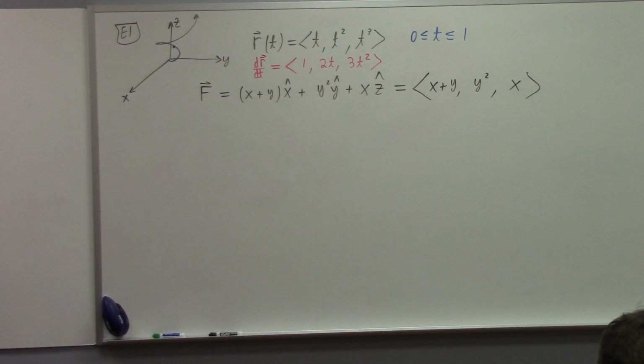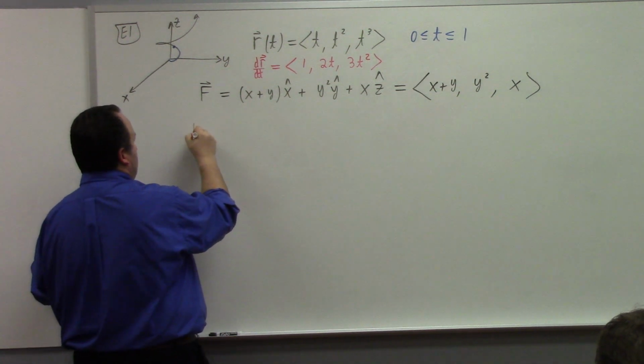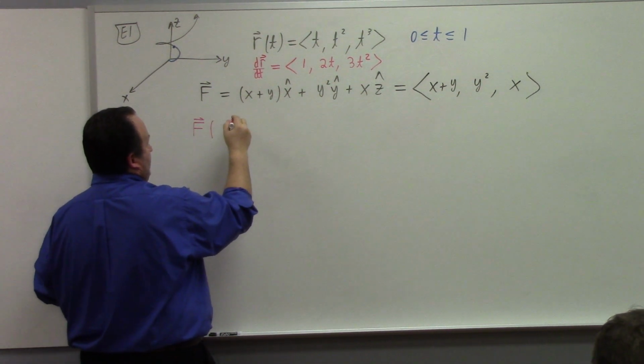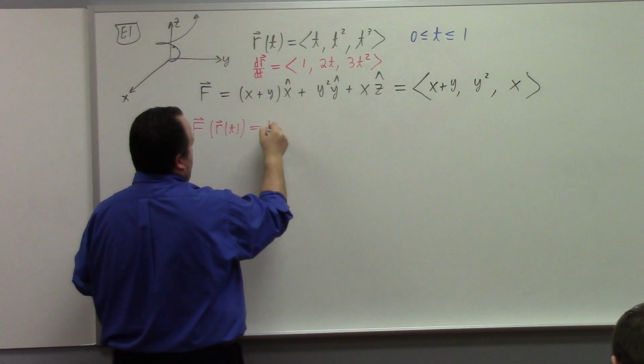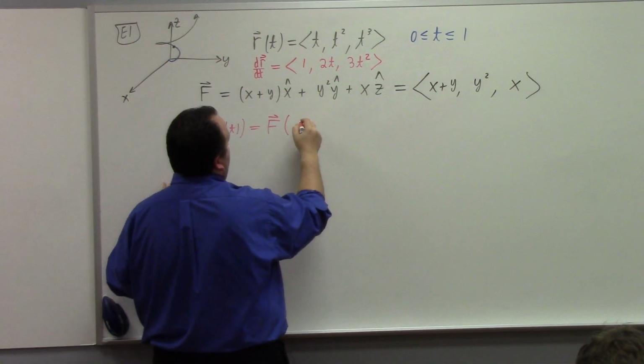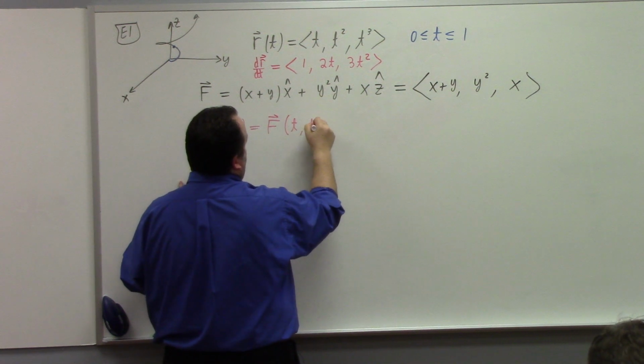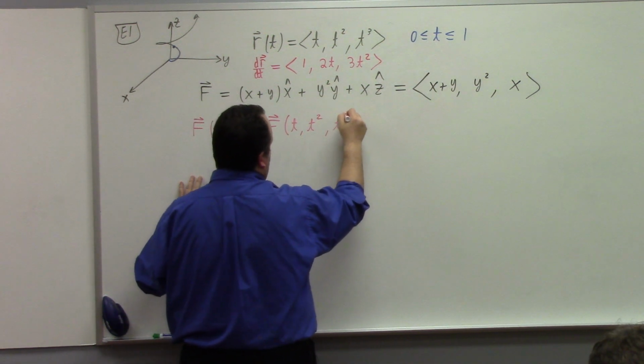Now, the other ingredient I need is to evaluate the vector field at the parameterization, right? At the r of t. In other words, I need to look at F of t, t squared, t cubed.